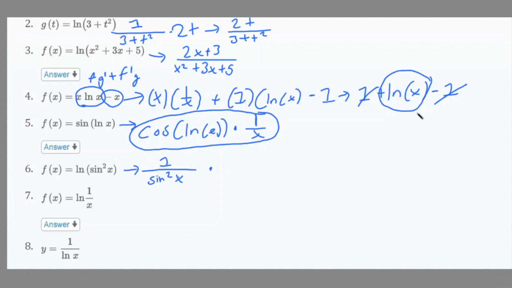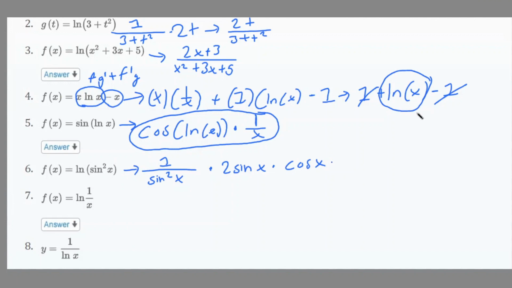Now if we find the derivative of whatever's on the inside, we're going to have 2 sine x multiplied by cosine of x, because the exponent of 2 is the outside function here, and we're going to bring it to the front and keep sine of x the same. And sine of x is going to be the inside function by the chain rule, and the derivative of sine of x is cosine of x.